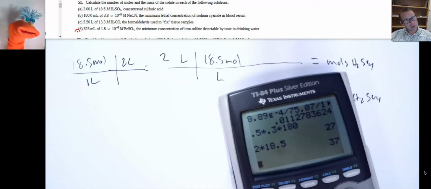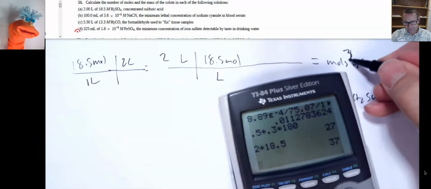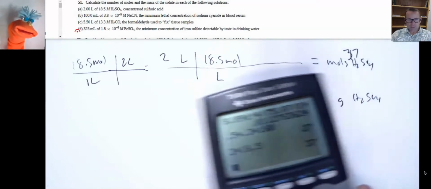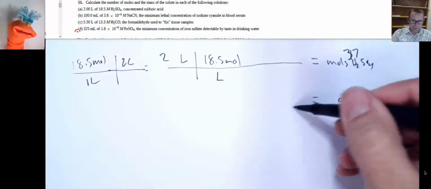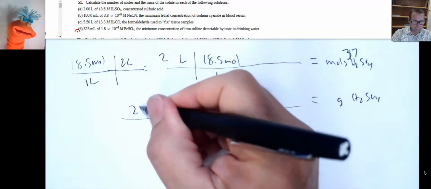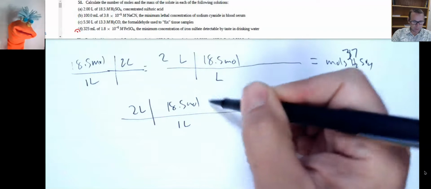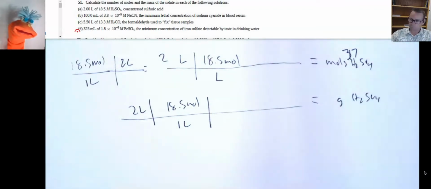And 37 moles of H2SO4, so now if I want to take that to grams, I mean, if I had wanted to start from the beginning again, I would just go 2 liters, 18.5 moles for every 1 liter. And then I would say, let's find the molar mass of sulfuric acid real quick.